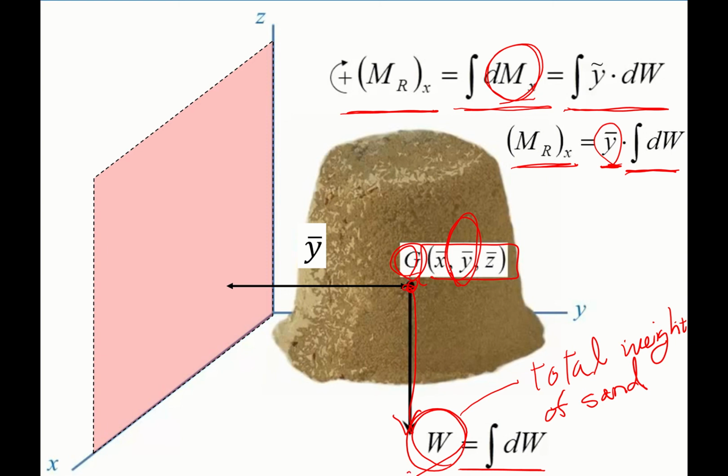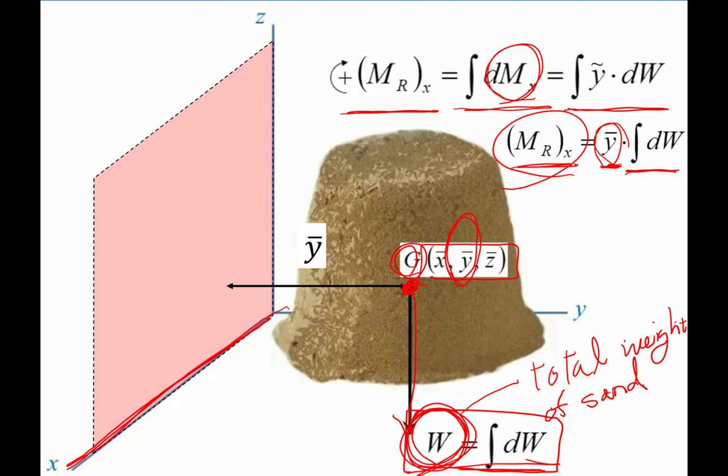What is the integral dw? That is the total weight. So one more time, guys, when we calculate the resultant moment about the x-axis, here we have an x-axis, and this particle has a weight w, and this w is the summation of all the weights of the sand.